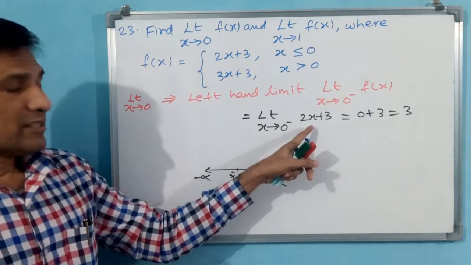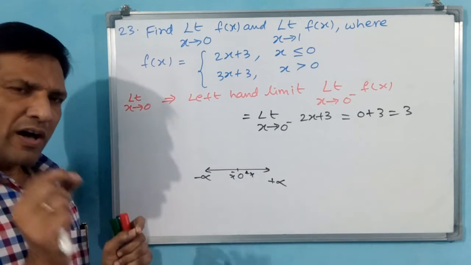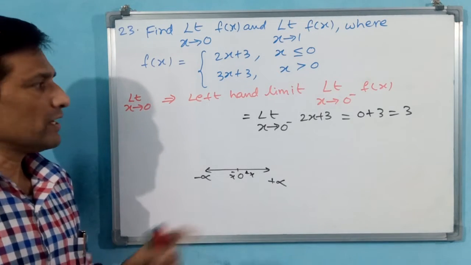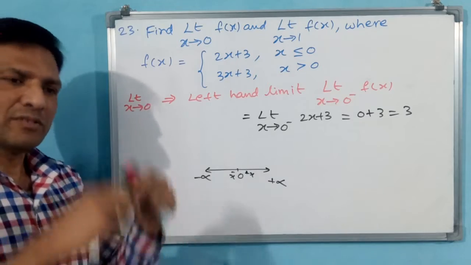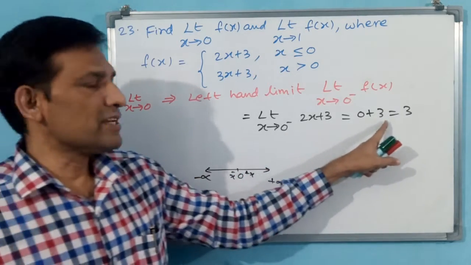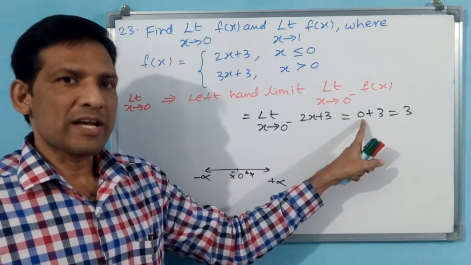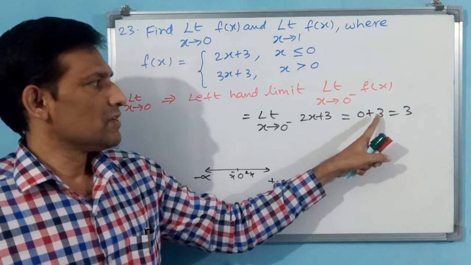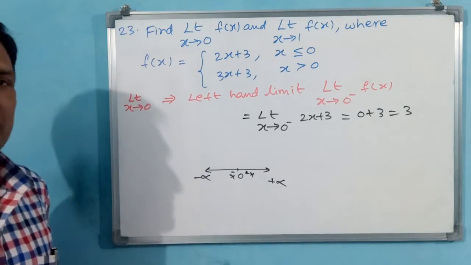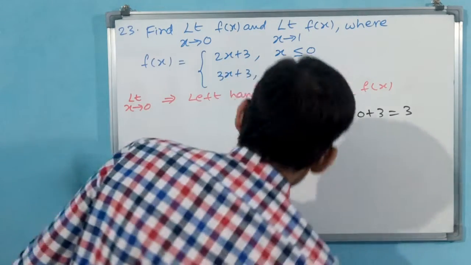But that minus x, if you multiply with 2, a small amount, it is far less. 2 times a small amount is still a small amount. If you add 3, normally 3 only will come. You can take the small amount as 0. Finally, approximately 3 will come. I don't say exactly 3, approximately 3 will come. Like this we will analyze.